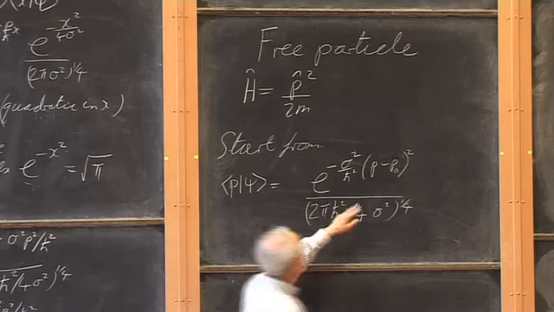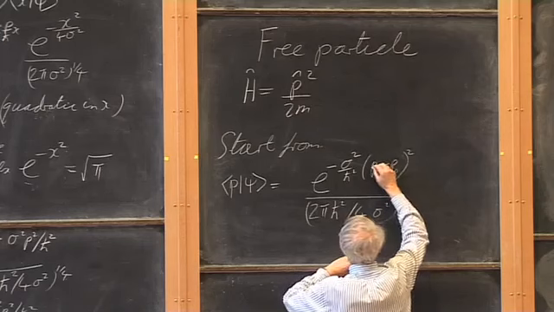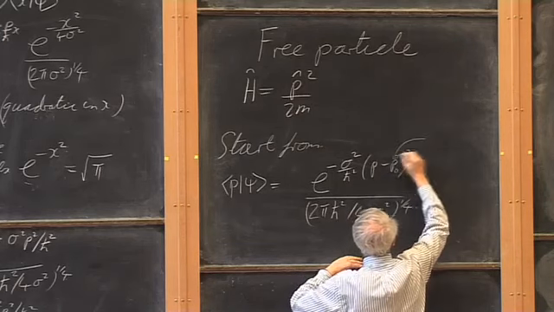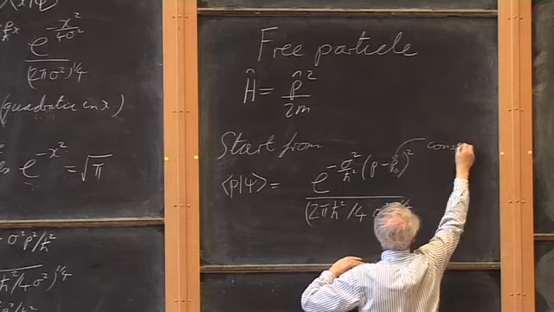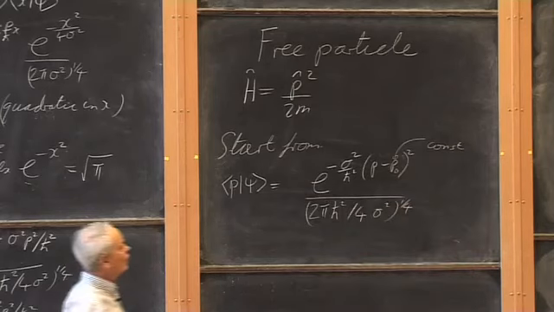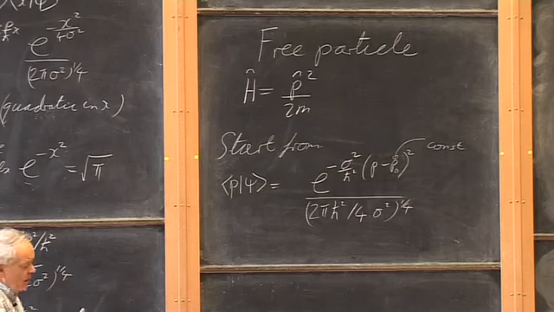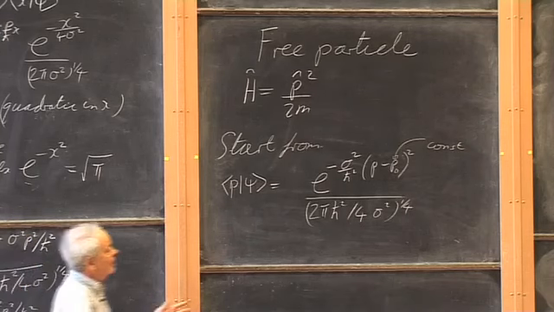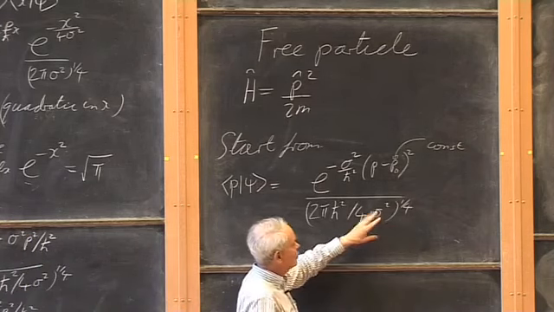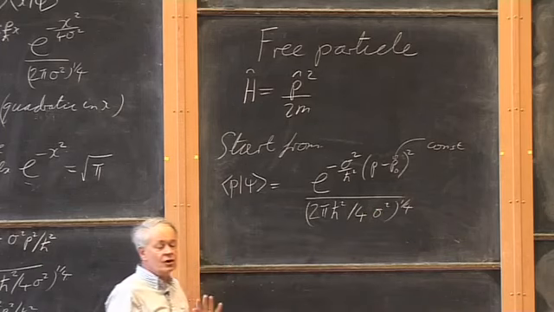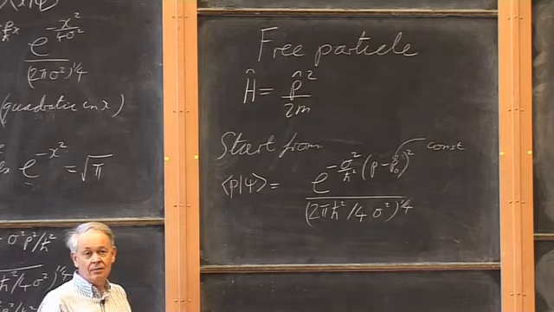P0 is a constant, the momentum eigenvalue. So it has a velocity on the order of p0 over m, and it's localized at the origin to plus or minus sigma. We'll find out whether this is true or not, but that's the conjecture.